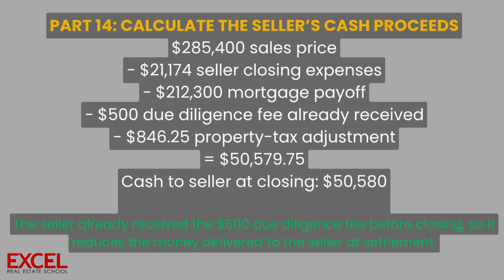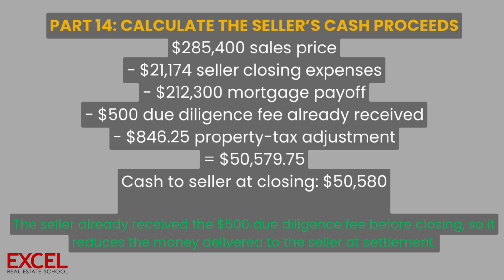We're going to minus the due diligence fee because they've already received it, and the buyer is going to get credit for that, the $500. Now, the property tax adjustments minus $846.25. That gives us $50,579.75.